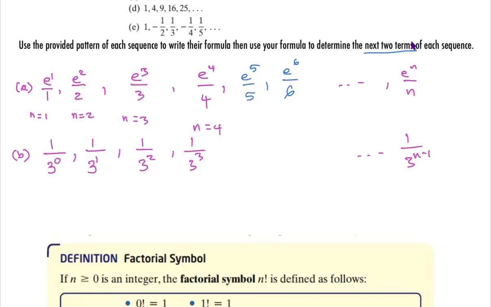Then 0 would not be able to be the first term because you would have n minus 1, so the power -1. Then you can start with 1.